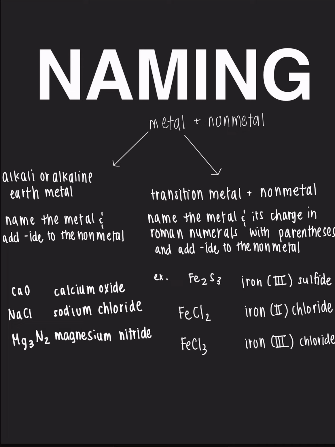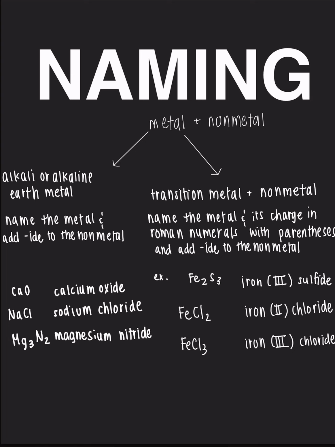Now, if you have a transition metal and a non-metal, then it matters. And I'm going to preface this by saying when I was learning this, I kind of thought it was dumb, to be honest with you. It was like, why do I have to write a Roman numeral on this? But it's not.